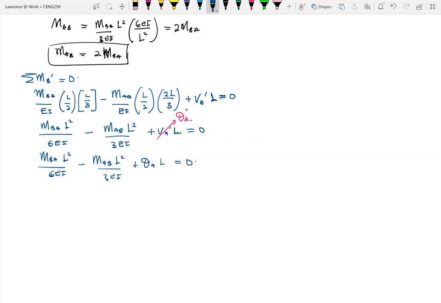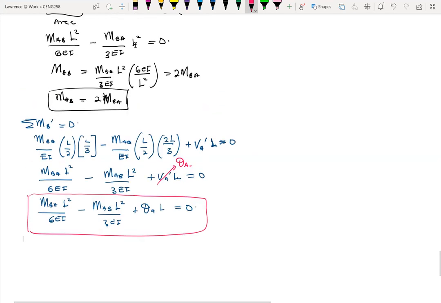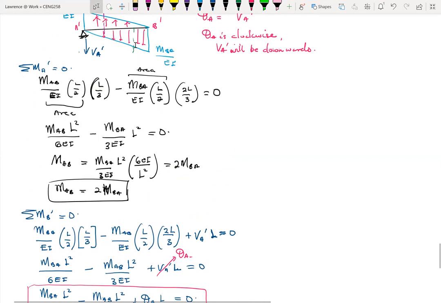So now I have this equation, and also these two equations, these ones, and then that one.